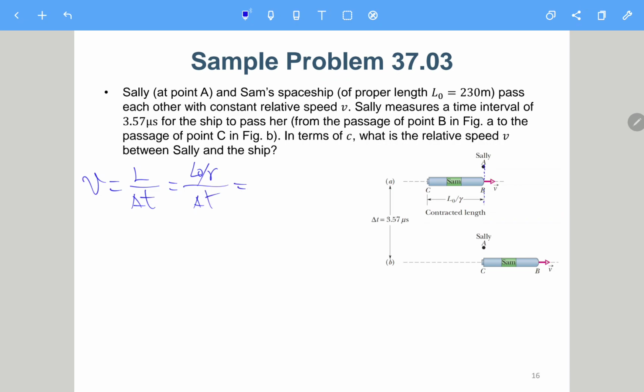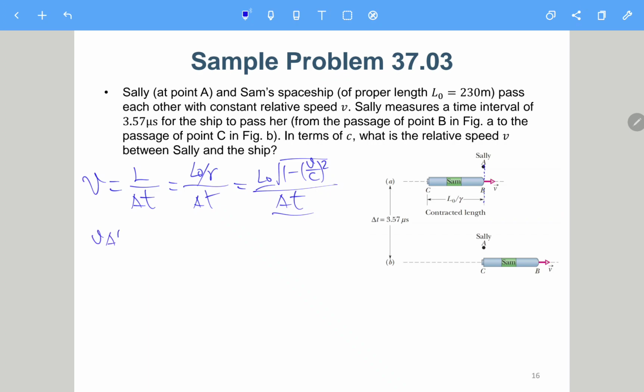So actually this is v equals L0 times the square root of 1 minus (v over c) squared, over delta t. We can move this term over and take the square on both sides.